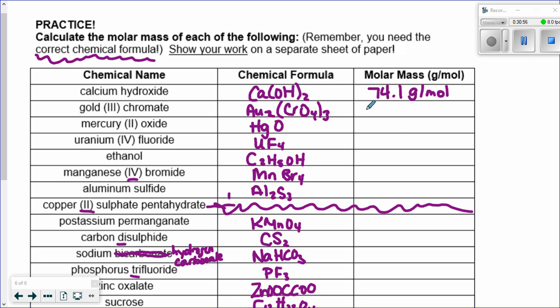So the molar mass for gold 3 chromate, I'm going to get lazy and stop writing my units. They're up here anyways, so I'll just write the numbers associated with it.